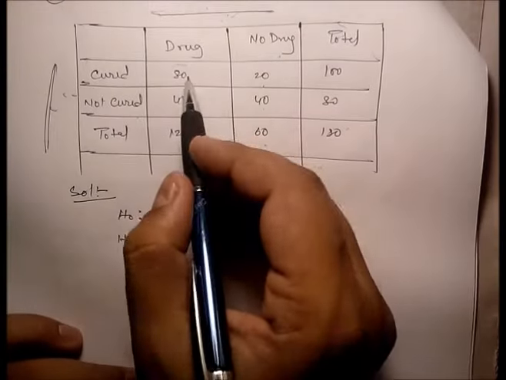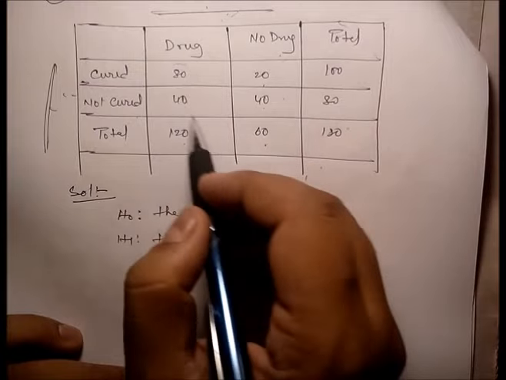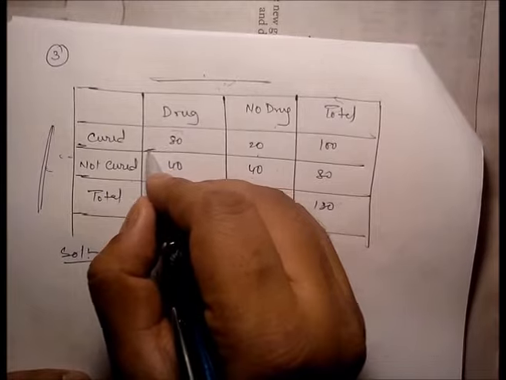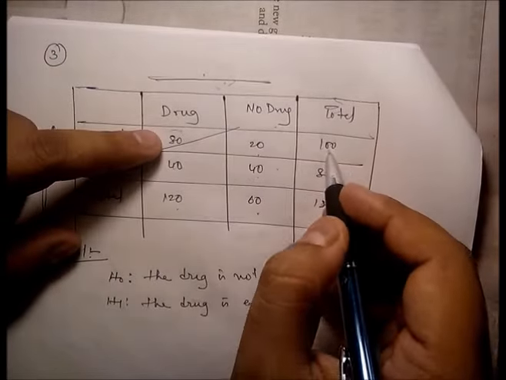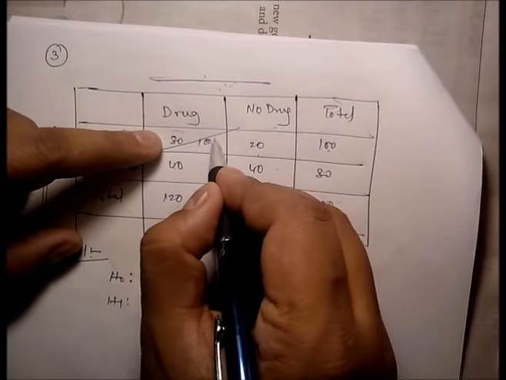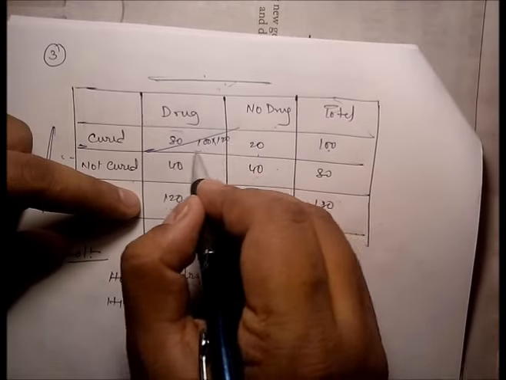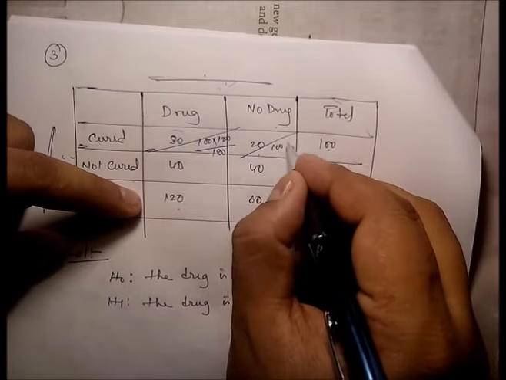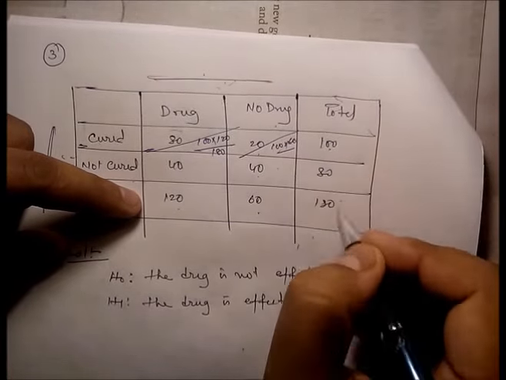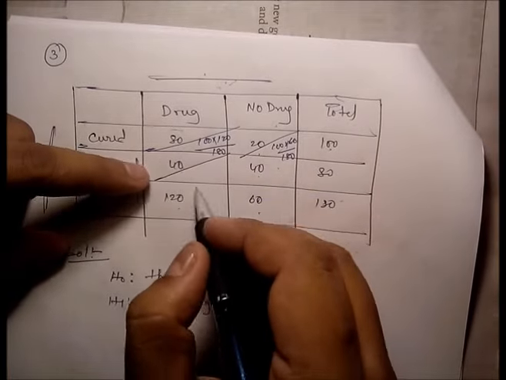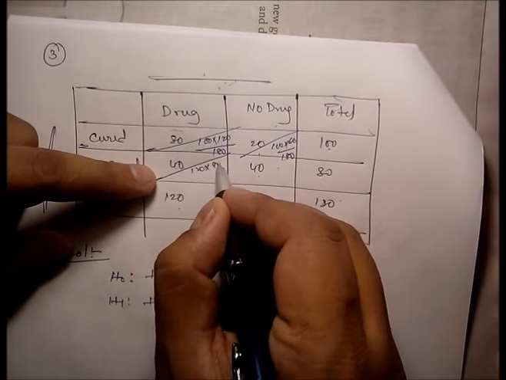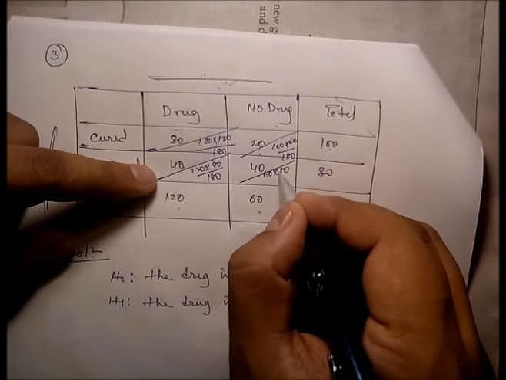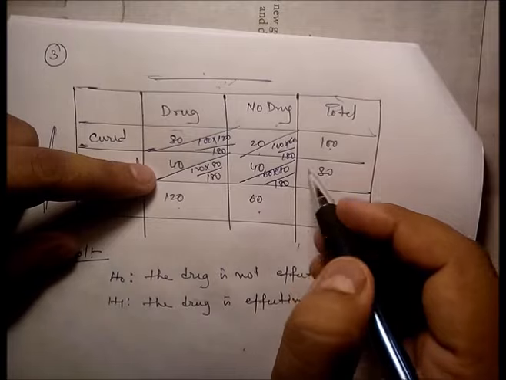So these are our observed frequencies, and we have to find the expected frequencies. How to get the expected frequency? Already you know: here 100 into 120 divided by 180, here 100 into 60 divided by 180, here 120 into 80 divided by 180, and here 60 into 80 divided by 180.